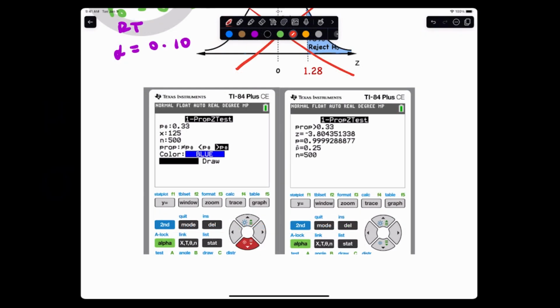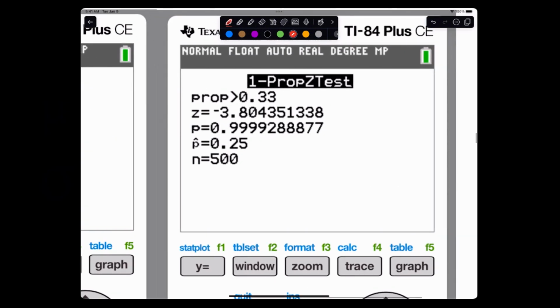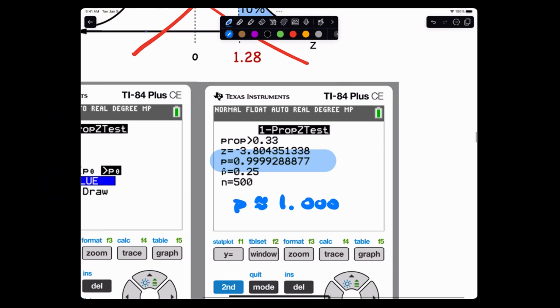You're right. So even in my notes, I put that p-value right in here. And that p-value, ladies and gentlemen, is really approximately 1. And you might say, can I put 1.000 to the thousands? Yes.